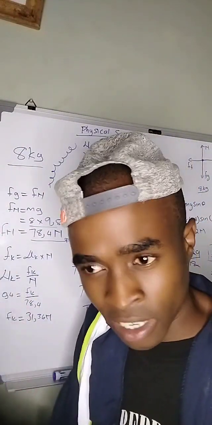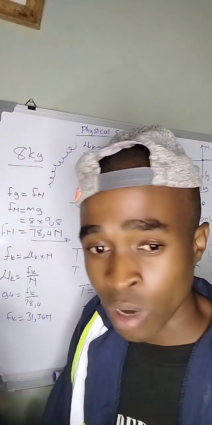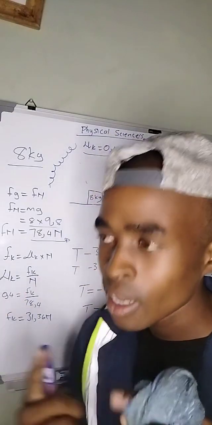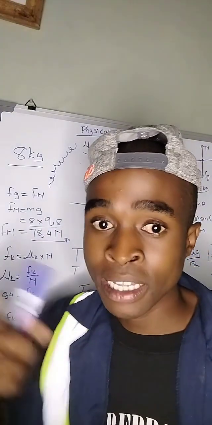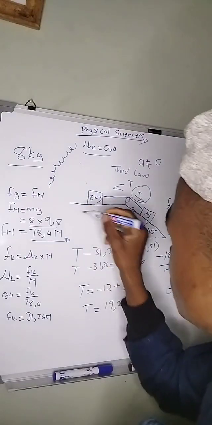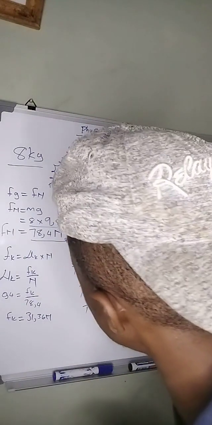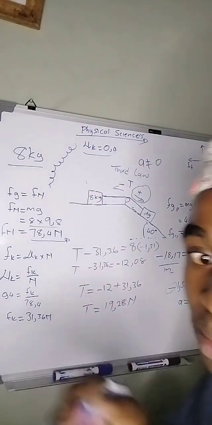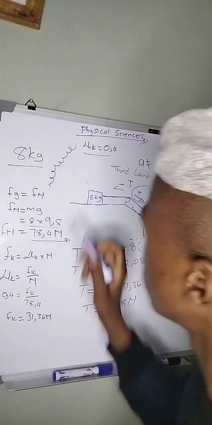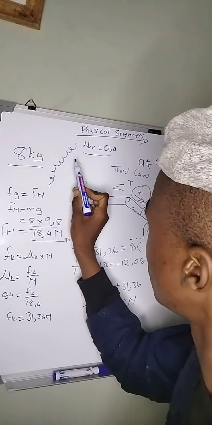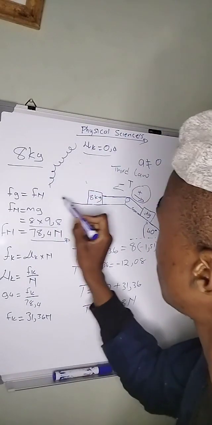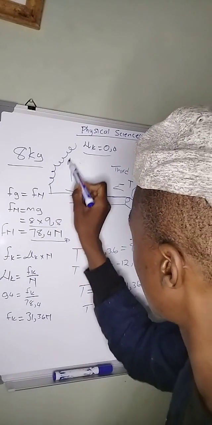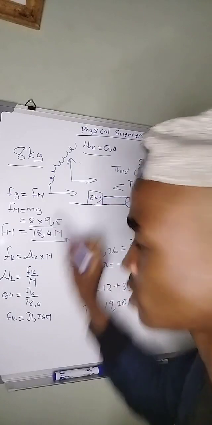If the air friction is neglected, the bullet will move up, but at the same time it will move forward. Let's say the car is moving in that direction at constant velocity. Whenever you fire up, the bullet will move up and at the same time move in this direction.